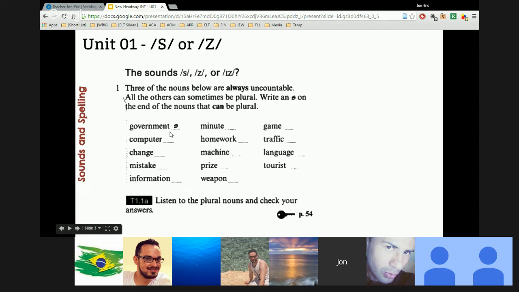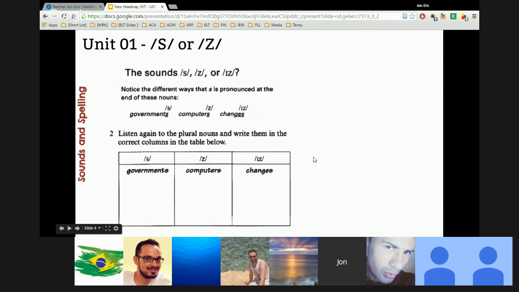So basically I'm hearing good pronunciation. Let's see if we can work out why these words have a different pronunciation. Notice the different ways that the S is pronounced at the end of these words. Governments with an S. Computers with a Z. Changes with the extra syllable and the IZ.